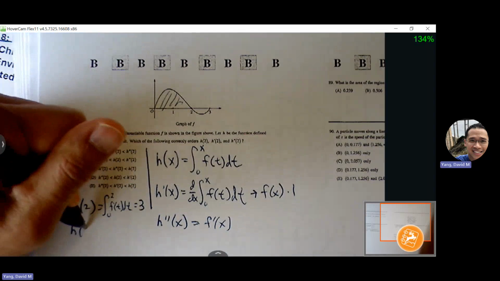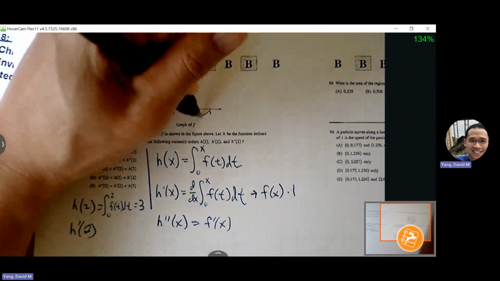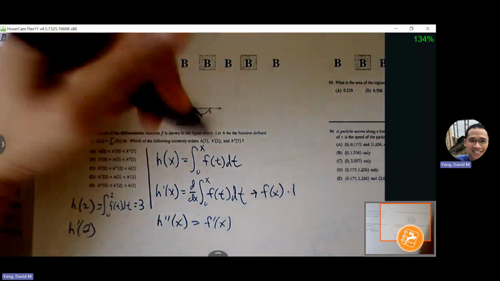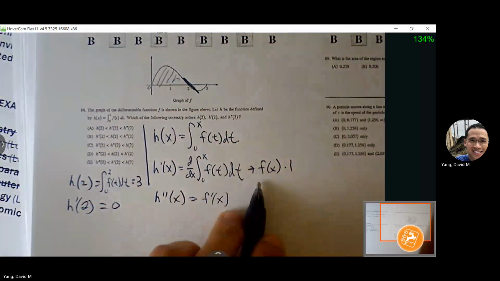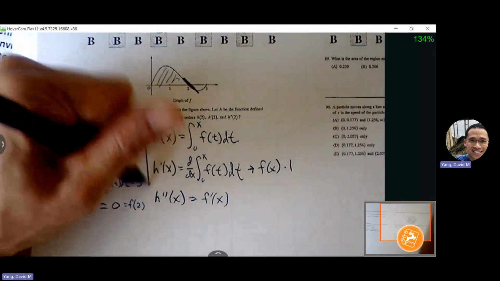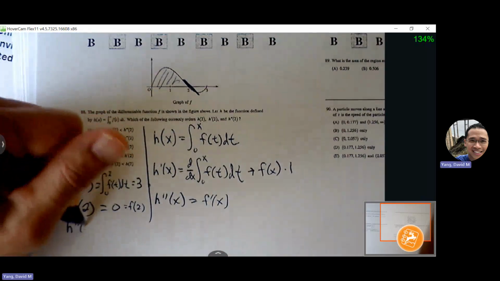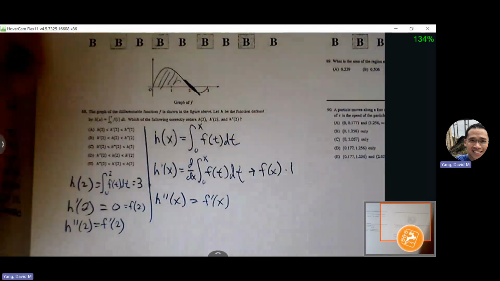H prime of 2, we know that is a negative slope there. Oh, sorry, h prime of 2 is f of 2, so f of 2 is 0. And then finally, h double prime of 2 is f prime of 2. This is the f prime, this is the f graph.